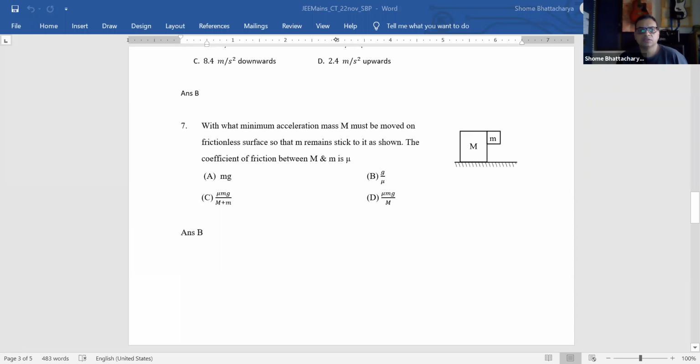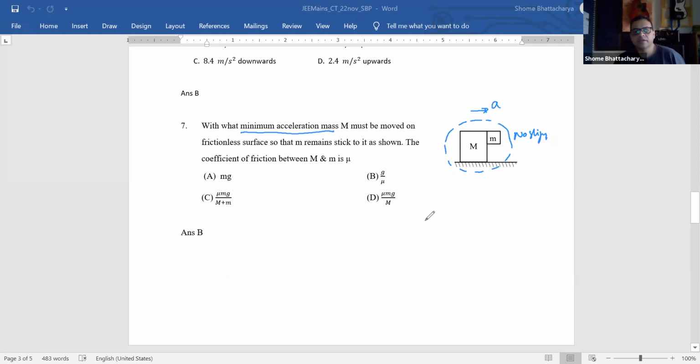So in seventh one, see what is happening is that you have to find out what is the minimum acceleration you have to give capital M so that small m sticks to it. No? So you are giving this whole system common acceleration E so that this is at rest. There is no slipping. Okay.